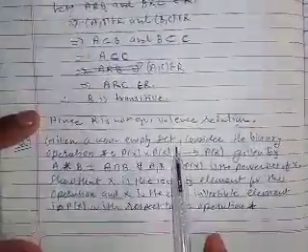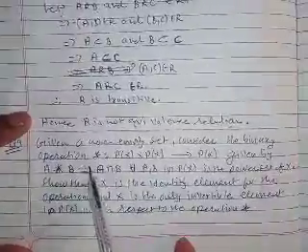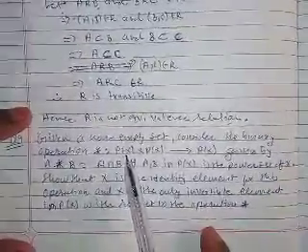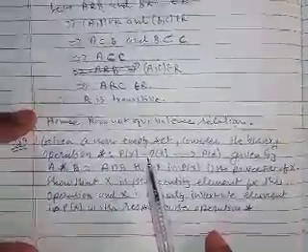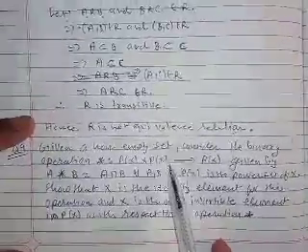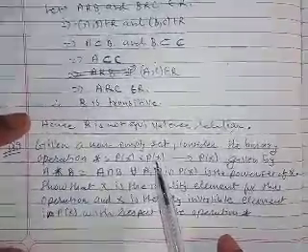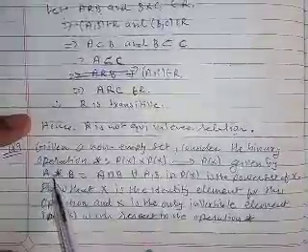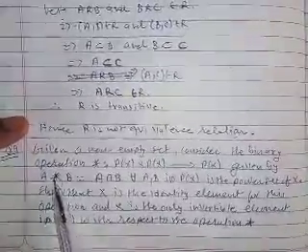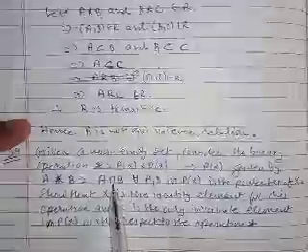Given a non-empty set X, consider a binary operation from P(X) cross P(X) to P(X) given by A star B. Star is the operation. What is the operation? Intersection.